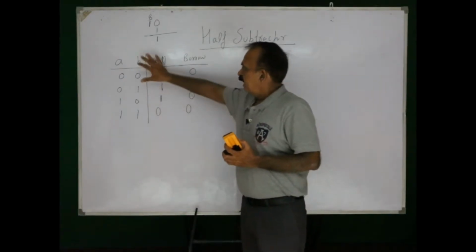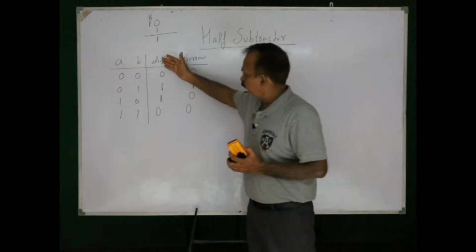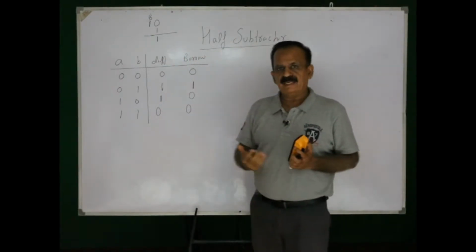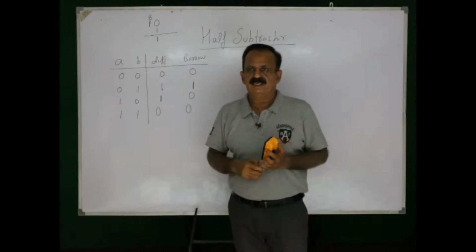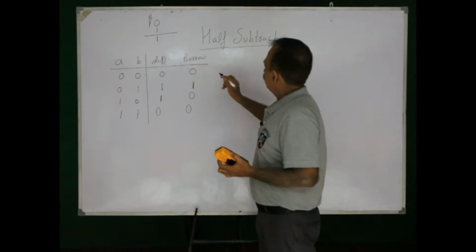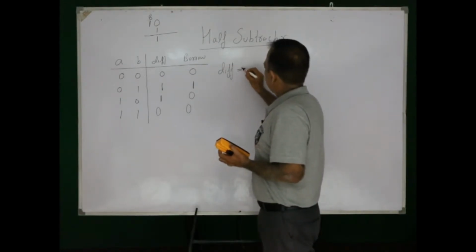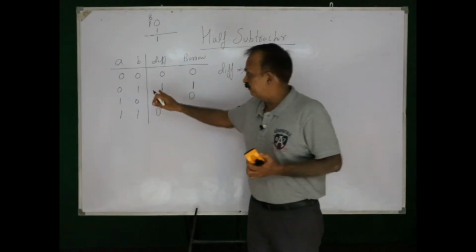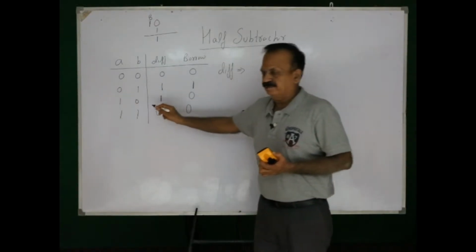Now, after drawing this truth table, the next step will be to find out the expression for this difference and this borrow, as well as which gate can be used for this purpose. Say the first one is difference. Carefully, if we see the difference value, the difference value is 1 if the number of high inputs is odd.